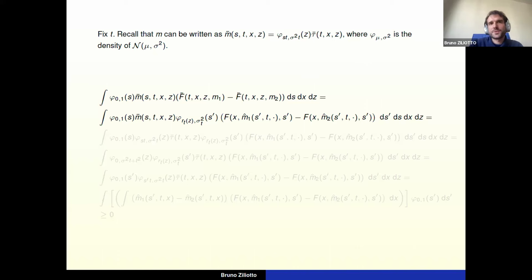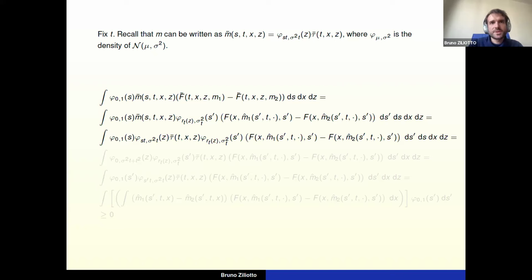Recall that given my signal Z, my belief about the state S prime is exactly the normal law centered at R_t of Z and with variance sigma_t squared. So that's why there is this additional term phi that appears. This is just the definition of f tilde.